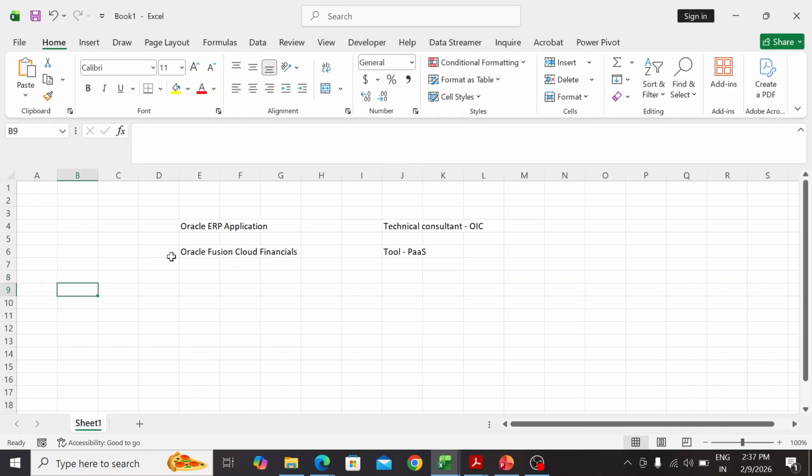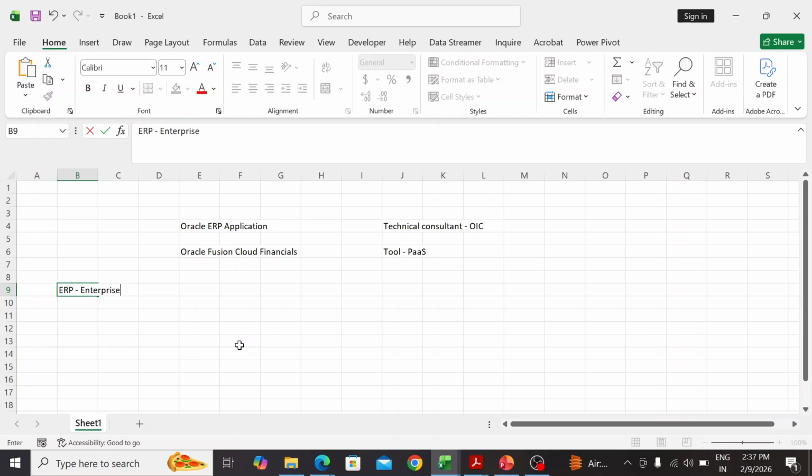Coming to the core point, that is Oracle Fusion Cloud Financials and the Oracle ERP application. I will start from scratch. Though you know all these things, please bear with me for some time. So what does ERP mean?